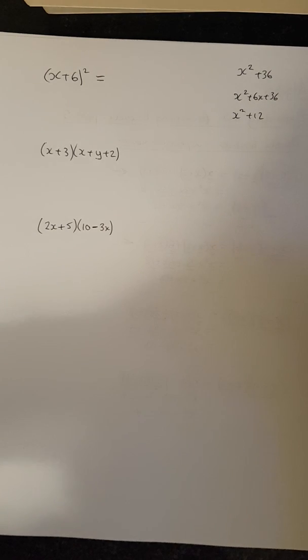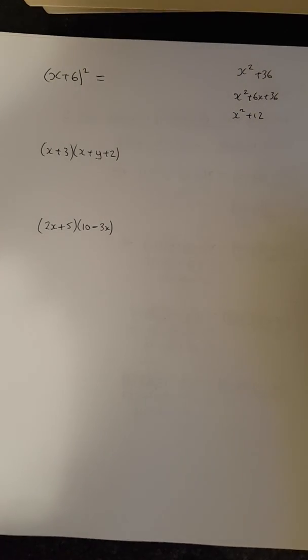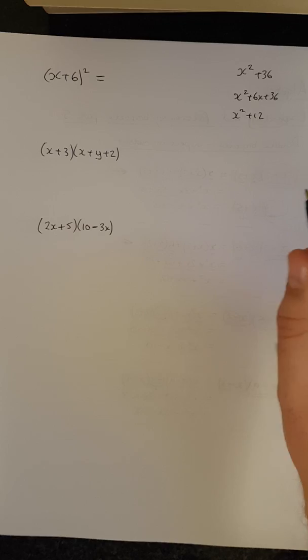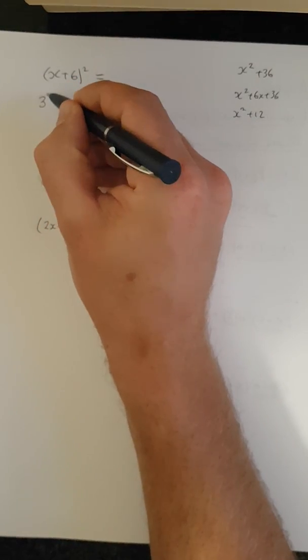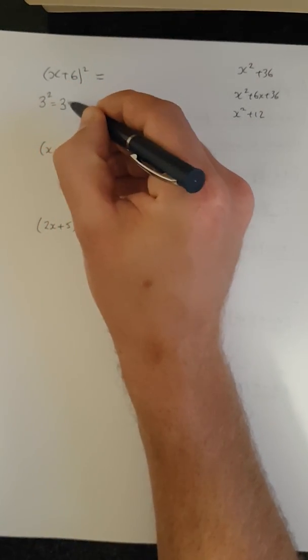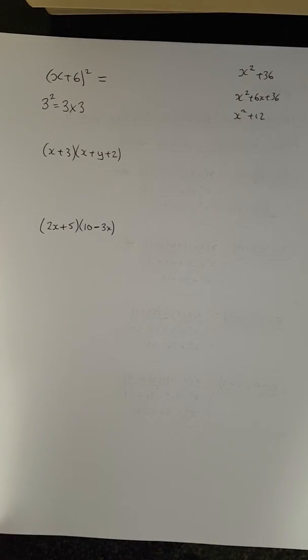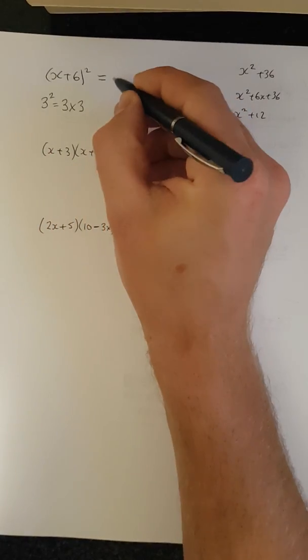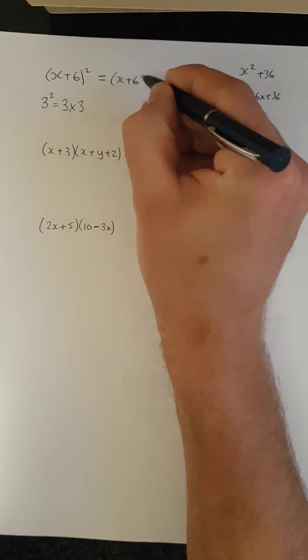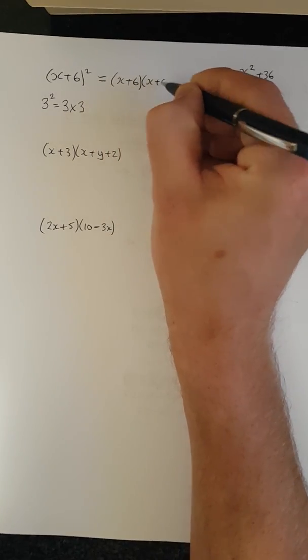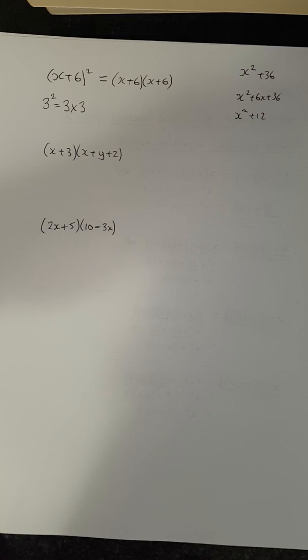So let's slow down for a second. What does squared actually mean? Squared actually means the thing multiplied by itself. So 3 squared means 3 multiplied by 3. So this means x plus 6 multiplied by x plus 6.